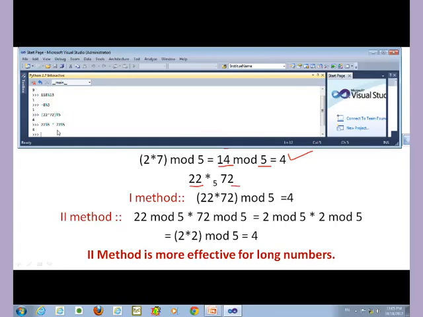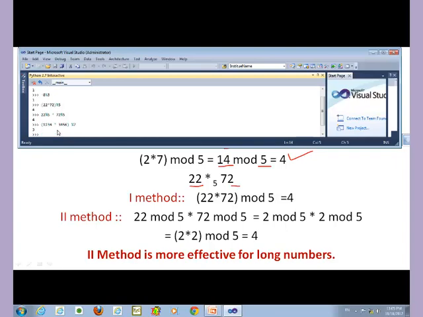So the second method becomes too good when we are dealing with long numbers. Like if we have to multiply these, what happens? First we have to multiply these two numbers and we will get a huge number, and then we take mod, it will return 3.